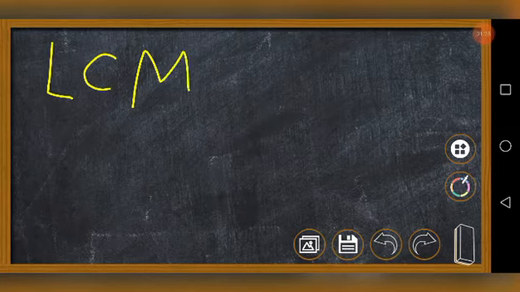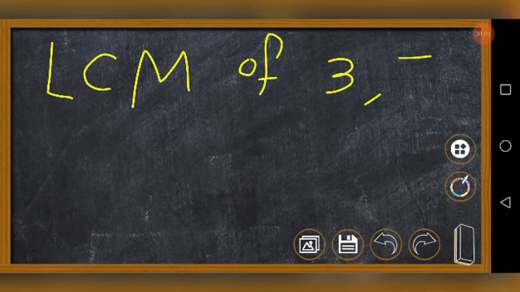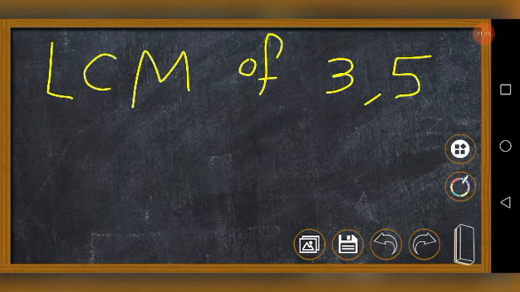Now we can find the LCM, the least common multiple, of 3 and 5.